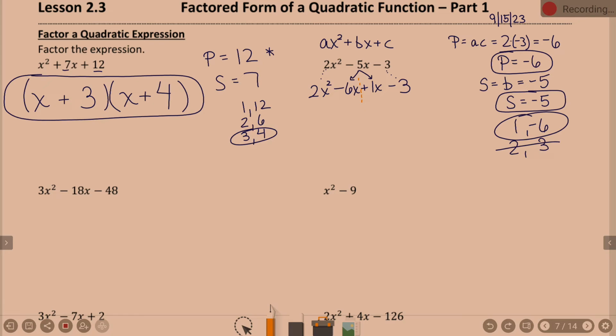They can both be divided by 2. Both 2 and 6 divide by 2. X squared and x both divide by an x. So what we're going to do, and I'm just writing it here for a visual, is divide both of these terms by 2x. But we're going to do this as a GCF.